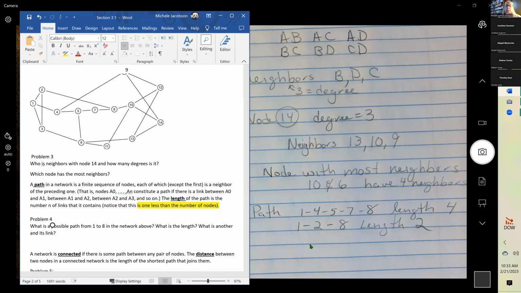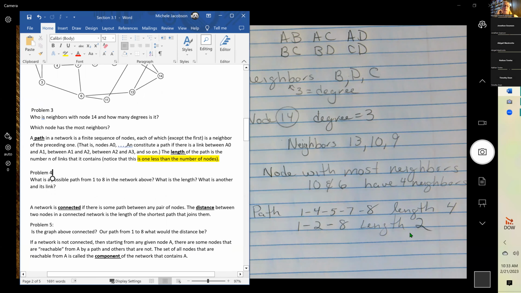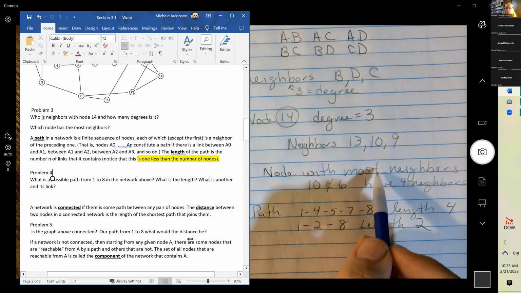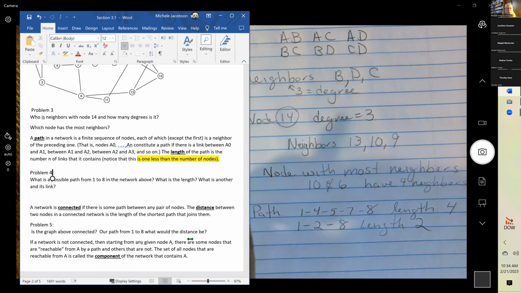So the distance from 1 to 8 is 2. When there's more than one option, to find the distance you take the shortest one. So we said the graph above was connected, and for the path from 1 to 8, the distance would be 2 because that's the shortest route. Any questions on that?